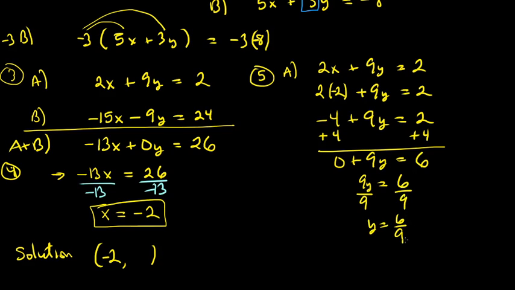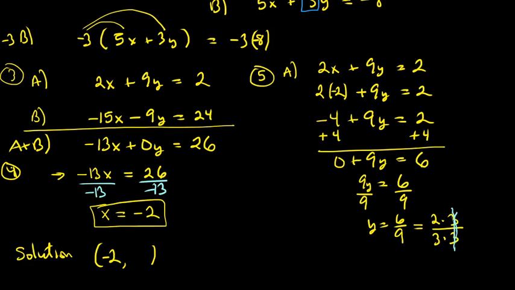But remember, 6 over 9 is not in lowest terms. 6 is 2 times 3, and 9 is 3 times 3. So 3 divided by 3 is 1. The 3's cancel, and this reduces to 2/3.